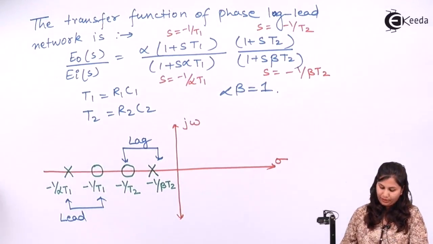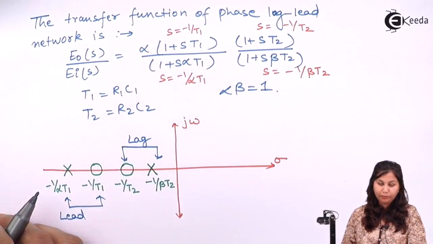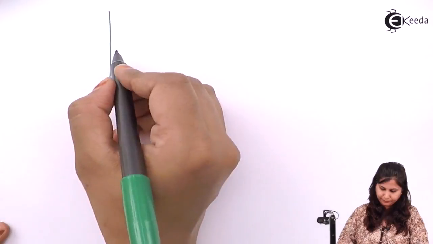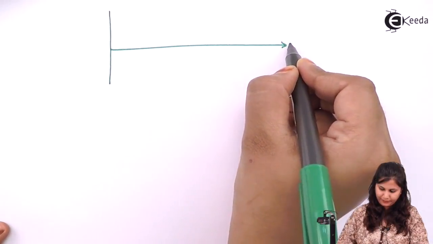Now if we draw the Bode plot of this system, the Bode plot will be like this, this is omega.